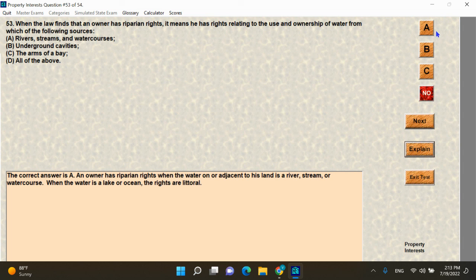The correct answer is A, rivers, streams, and watercourses. An owner has riparian rights when the water on or adjacent to his land is a river, stream, or watercourse. When the water is a lake or ocean, the rights are littoral.